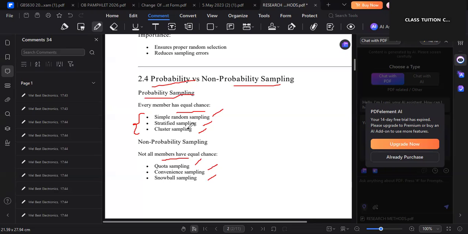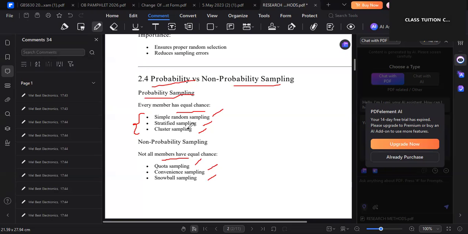Stratified sampling is where you subdivide your respondents into strata, into groups like top management, mid management, and lower management. In each of these, you can pick maybe three of them. Here it will ensure that there's representation in all the levels of management. Are we together?